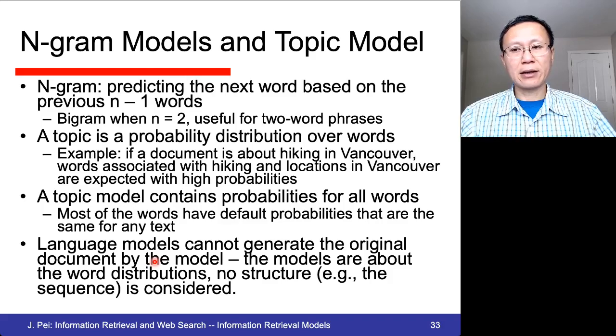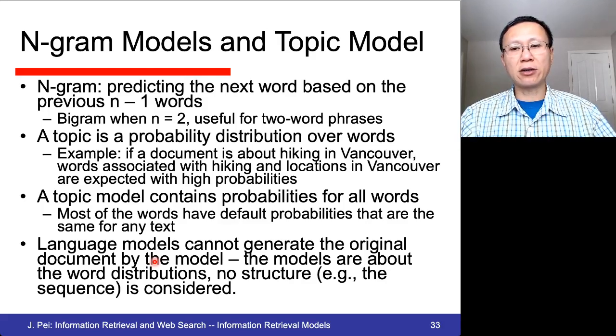Now, from words, let's think about a topic. Indeed, a topic can be regarded as a probability distribution over many words. For example, if a document is about COVID-19, then there are several terms related to COVID-19, the symptoms, the treatments, and the spreading means that may also appear in the document.